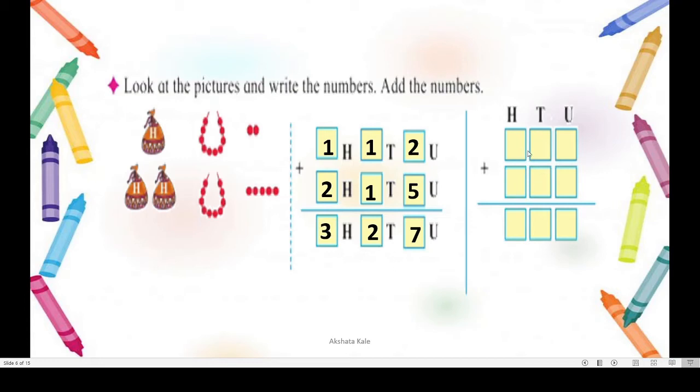Same thing we will write in this form: 100, 110, 2 units, and down, 200, 110, 5 units. We will add these two. 2 plus 5, that is 7. 1 plus 1, 2. 1 plus 2 is 3. The answer is 327.